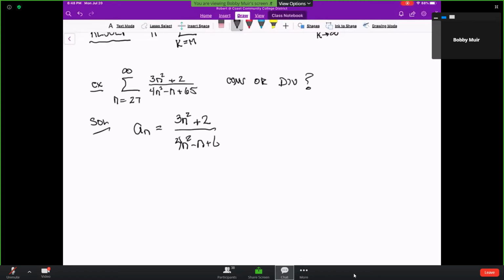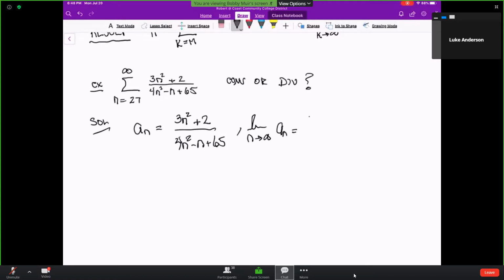minus n plus 65). So somebody tell me what the limit is as n tends to infinity of the a_n's. Infinity? By infinity? Look, it's 3n squared over 4n squared. Three-fourths.